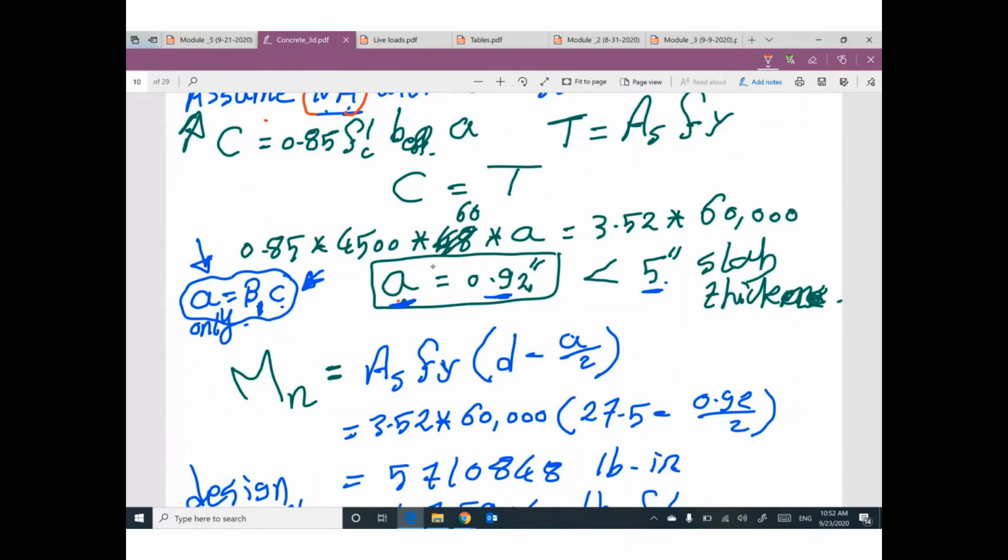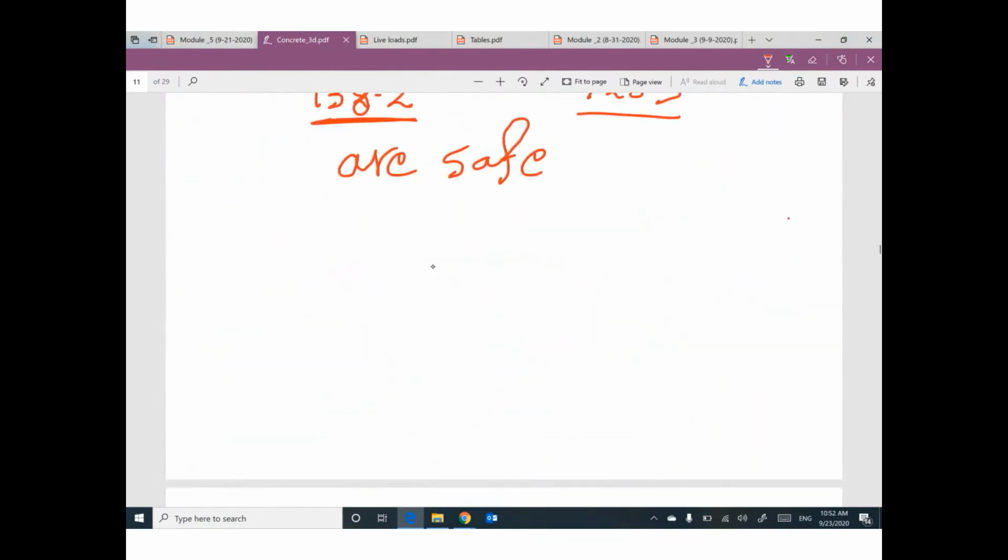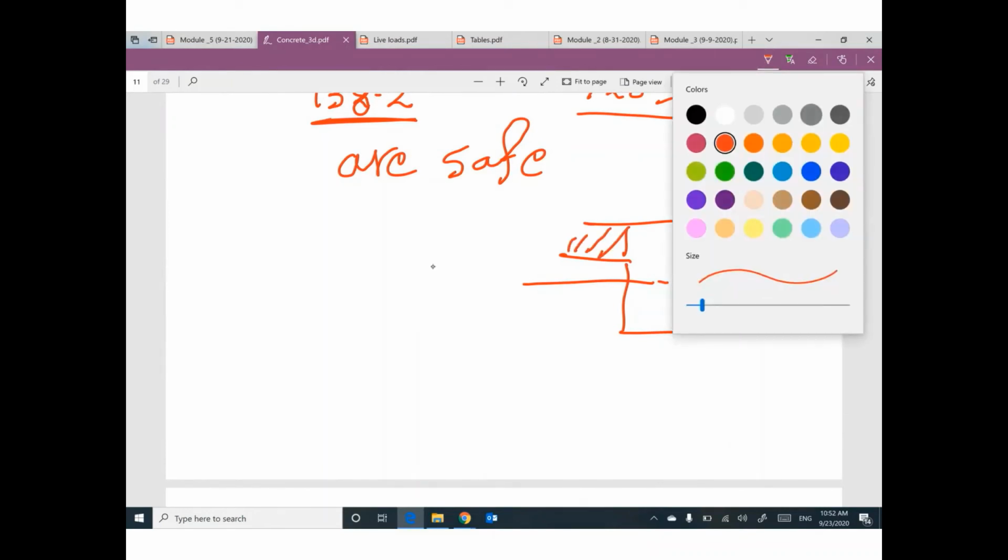So you are outside the flange. So we need to try the second assumption, the neutral axis outside. Do you remember that one that I covered last meeting? We need to divide this part and then this part.